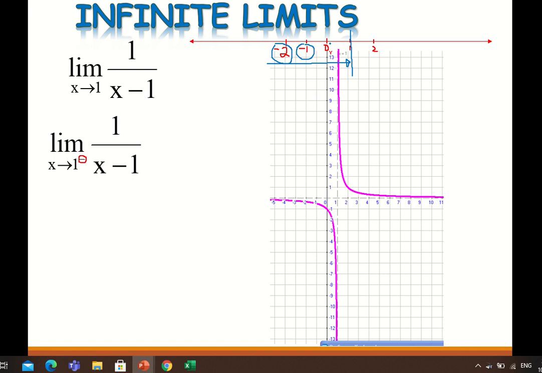And as you go closer to 1, say for example you have 1 half or 0.5, so when x equals 0.5, substitute this value to our function. 0.5 minus 1 is still negative 0.5, so you still have a negative value.